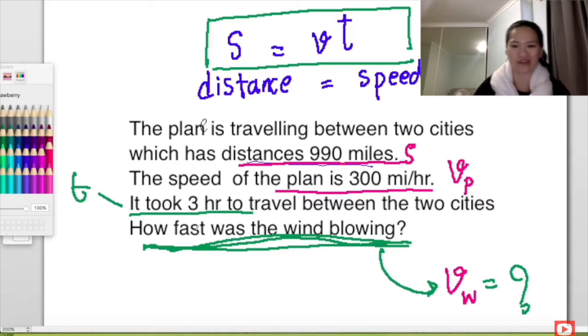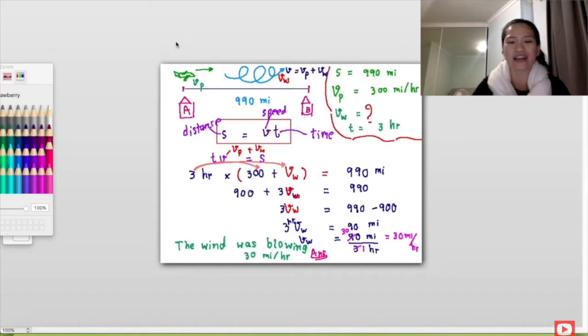Oh, VW. Distance, S. What is speed of the plane? VP. The time is T. Try to draw the picture, make it like a model. Come back to the formula. Substitute every figure that you know and try to find the answer, write the answer properly. And that's it. Now we finish this question.